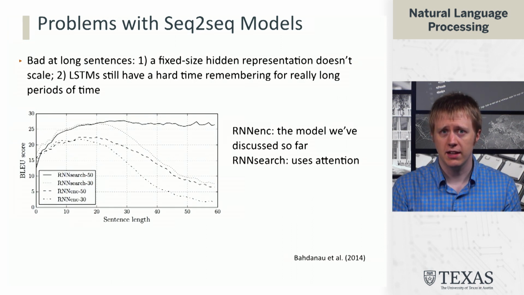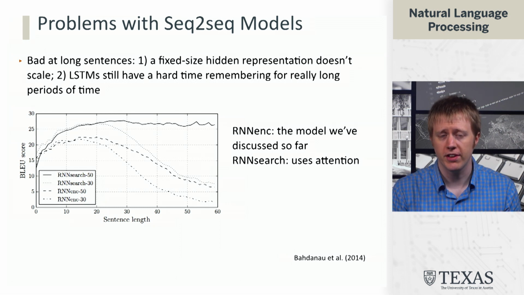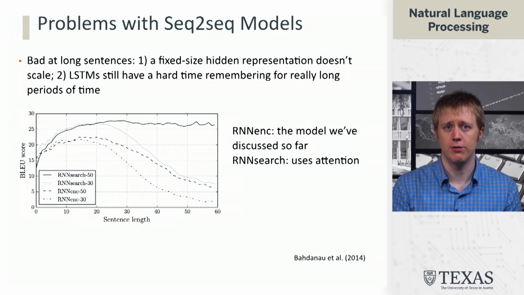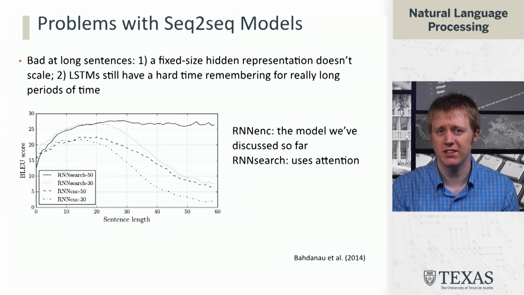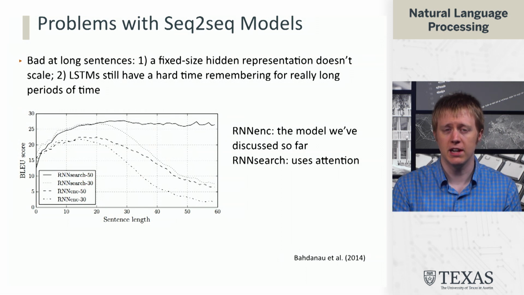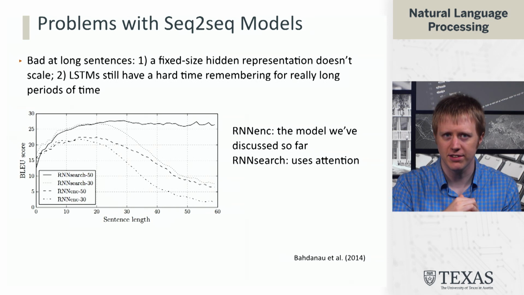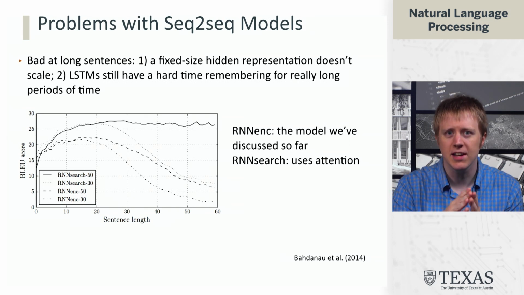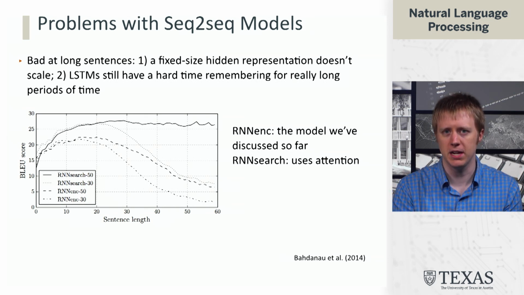All right, another challenge is that these models don't scale well. So first of all, they don't generalize to longer sentences. If you train them on sentences of length 10, they're not going to work well on sentences of length 20. And then also they just start to break down once you get into longer sentences in general. You have to increase the size of your representations because your fixed size hidden and cell states don't scale. And LSTMs, as much as we talked about them being an improvement, they still don't remember information for arbitrarily long periods of time.